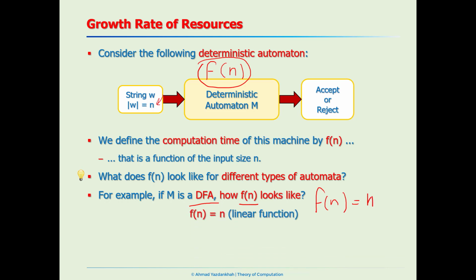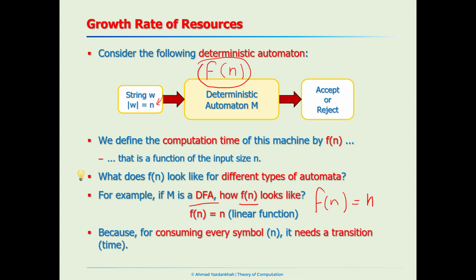Why is that linear? Because if the size of the string is 3, you would need 3 transitions. If it is 5, you would need 5 transitions. DFA is a specific machine where the consumption of the resources is linear, right?